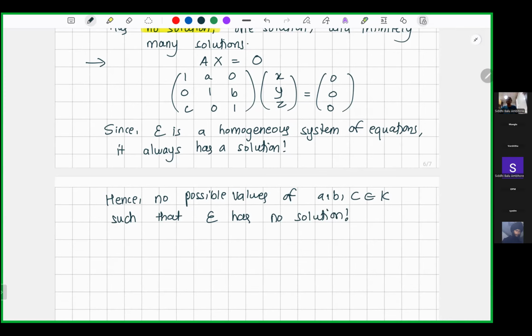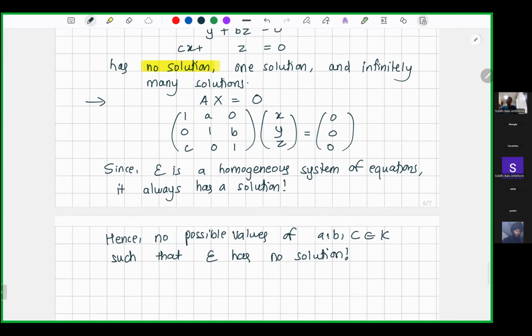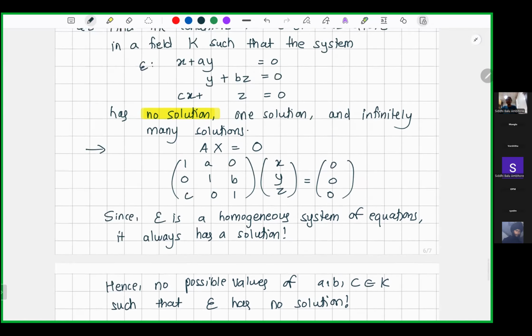I hope that's clear. Please understand this very clearly. Whenever you see a system of equations, please check whether it is homogeneous or not. If it is homogeneous, then there are only two possibilities: either a unique solution or infinitely many solutions. Unique when A is invertible, and that unique solution is 0, 0, 0.